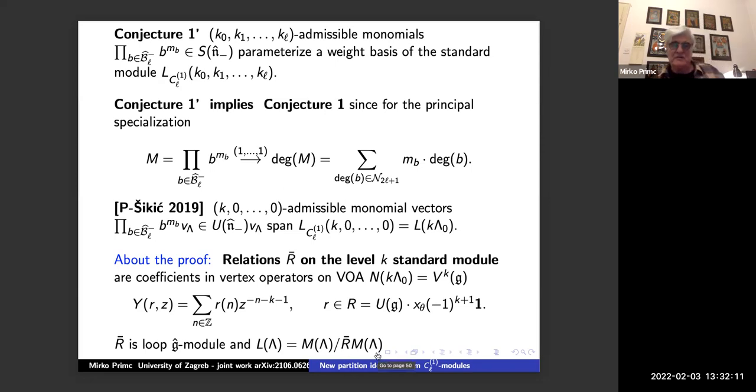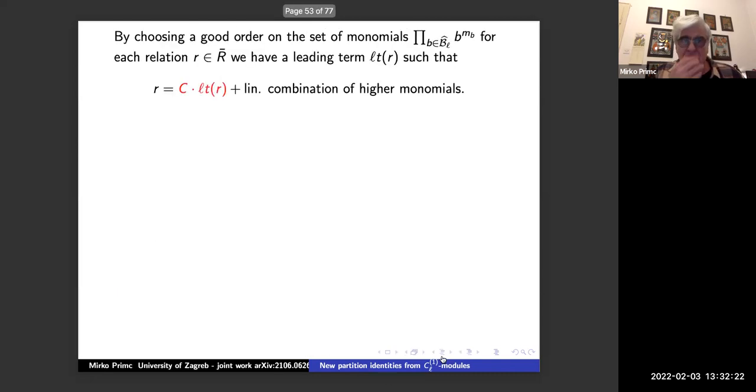This is a consequence of the Bell-Katz formula in a way. And then these relations are zero on this quotient. By choosing a good order on our monomials, each relation, which will be an infinite sum of these monomials, will have a leading term which we single out, plus a linear combination of higher monomials, and this will be zero on our module.